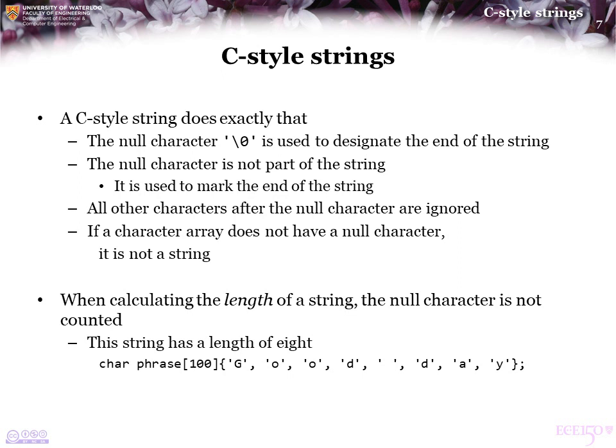So this declaration, with the initialization of the first 8 characters being good day, automatically represents phrase as a string of length 8. It's the capacity of the array that is still 100.